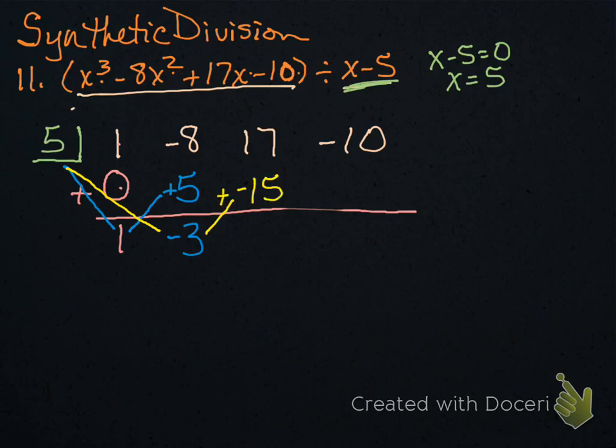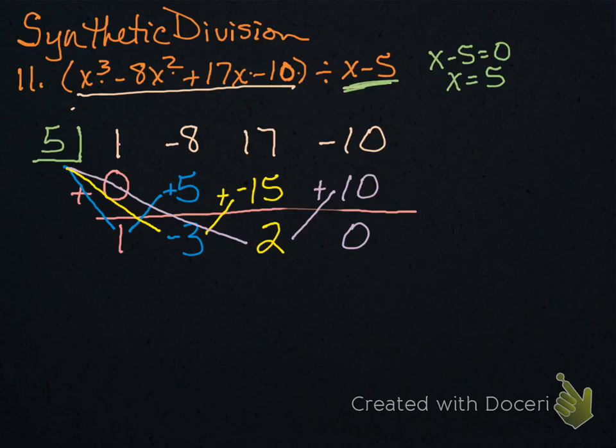And I'm going to add those together. 17 plus negative 15 is 2. Now I'm going to multiply 5 times 2. I'm going to put it right here. So 5 times 2 is 10. I'm going to add them together. So negative 10 plus 10 is 0.